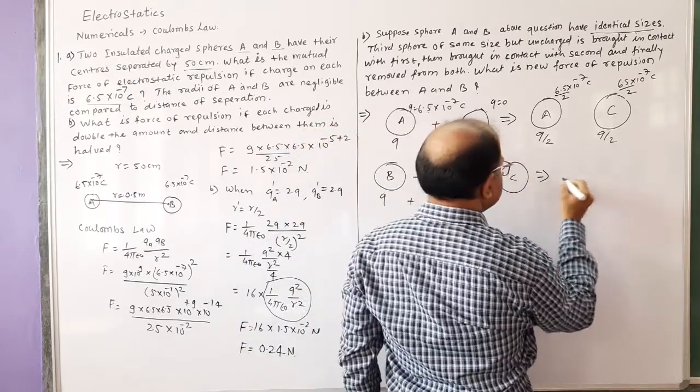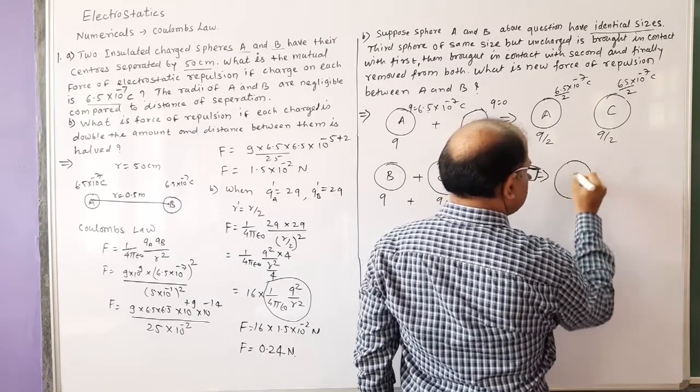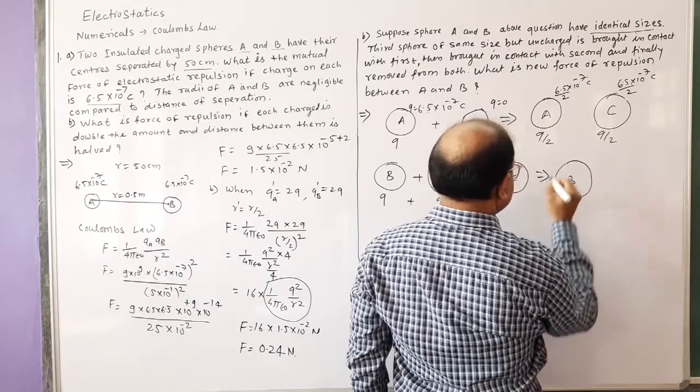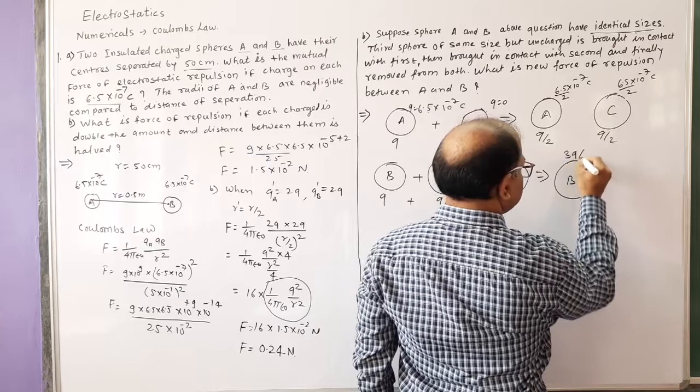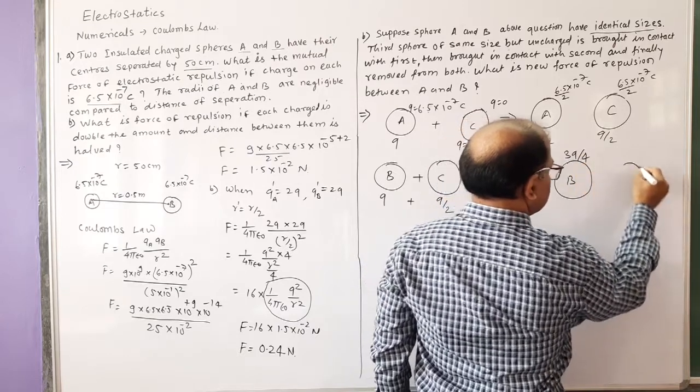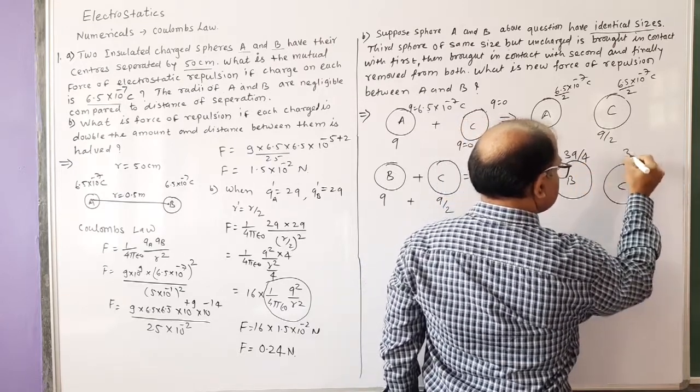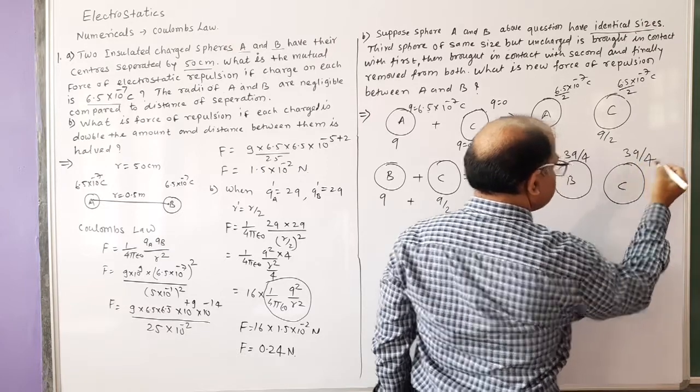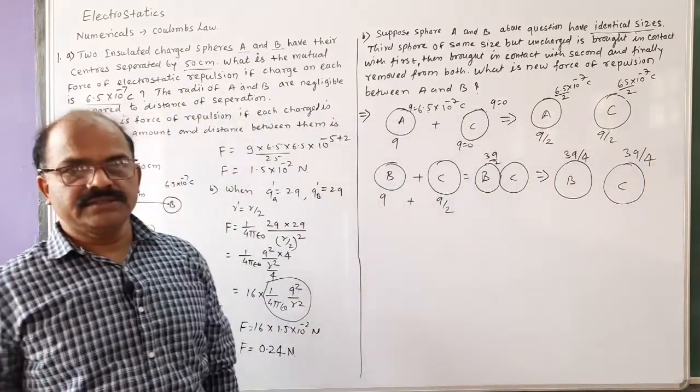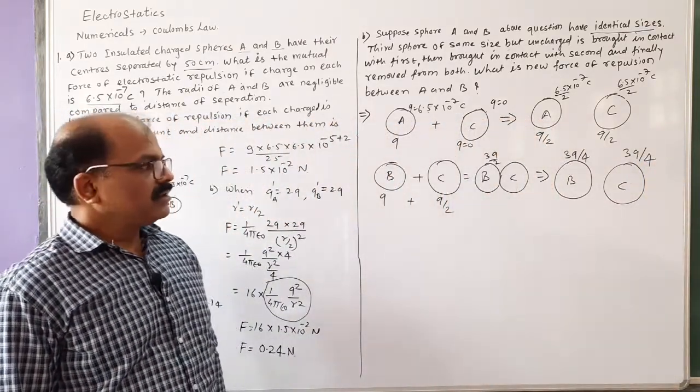When they are separated, B has a charge equal to 3Q by 4 and C has a charge 3Q by 4, because they are identical in size.